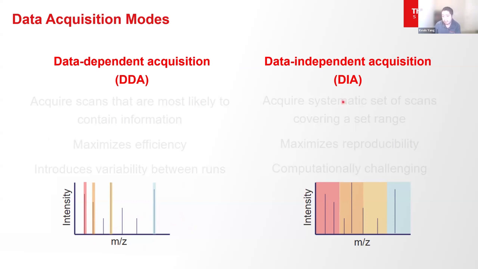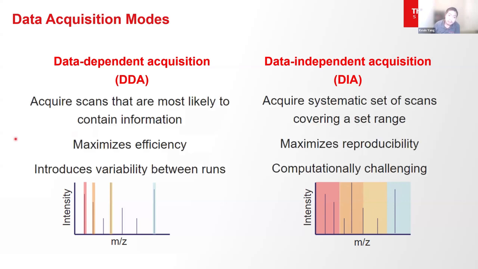In DIA, in contrast, you sequentially isolate the precursor ions in a predefined m/z range. You isolate this big chunk of precursor ions and acquire the MS2 spectra of all those precursor ions, again sequentially in the predefined m/z range. There are different advantages in DDA and DIA, and it really depends on what questions you are asking, and that will lead you to decide if you want to adopt DDA or DIA in your proteomics analysis.